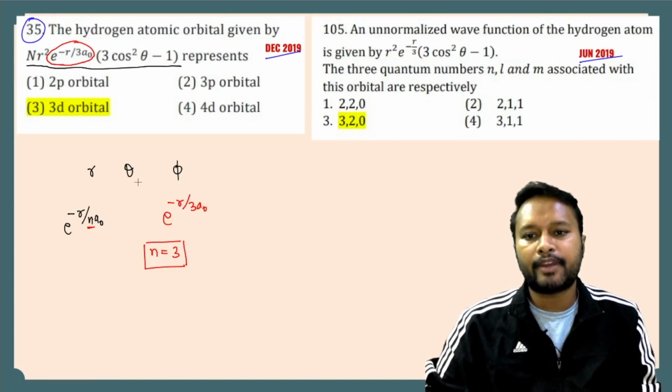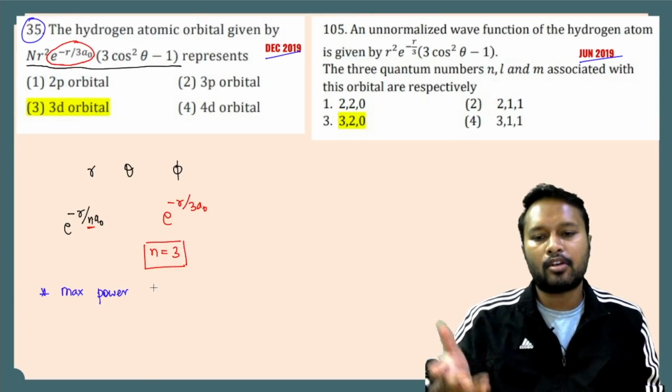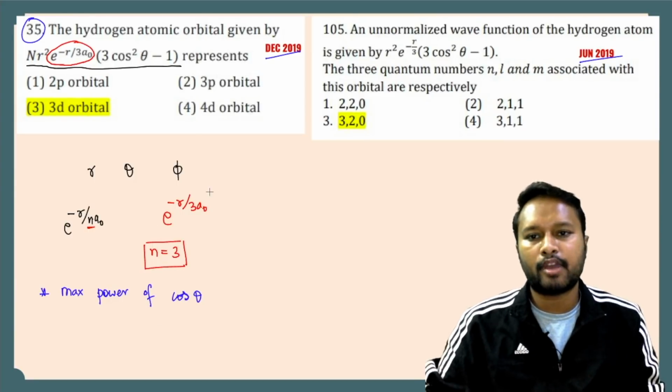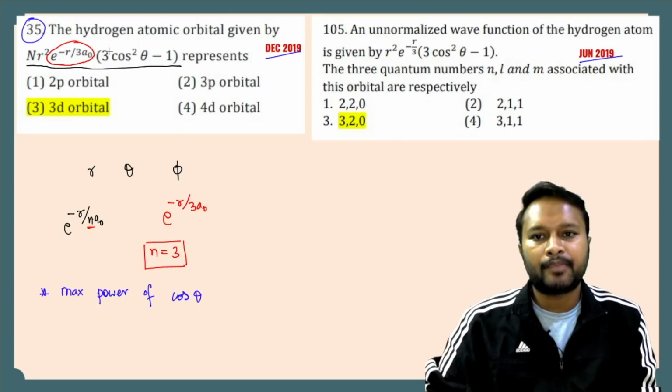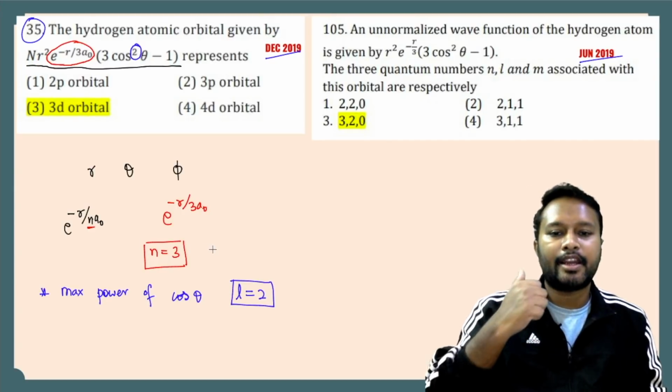The second thing is to find the value of L. To find L, you have to look for the maximum power, or max order, of cos theta. In the cos theta, what is the maximum power you have? Here the cos theta has a maximum power of 2. So L will be equal to 2. Now you have n equals 3 and L equals 2.